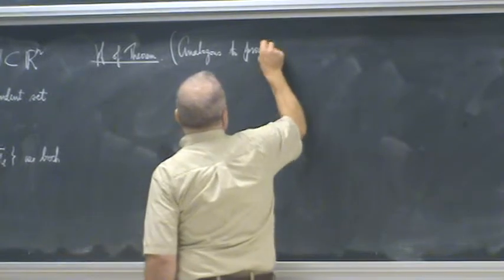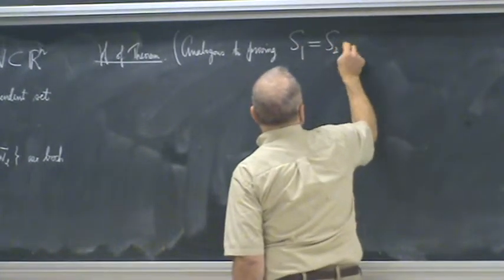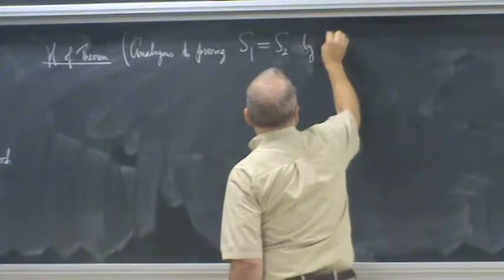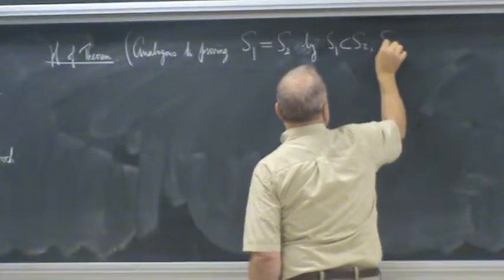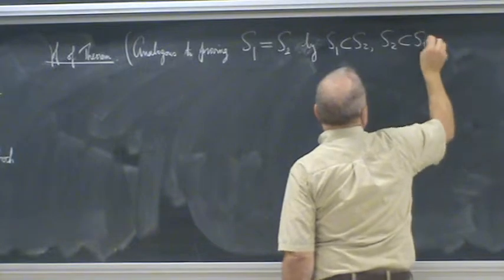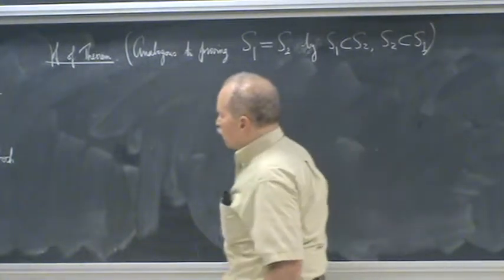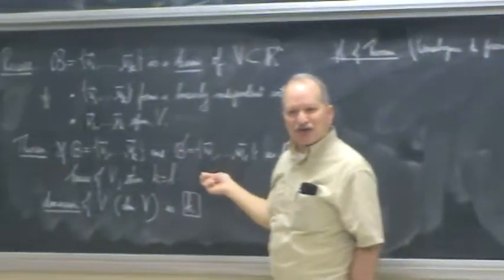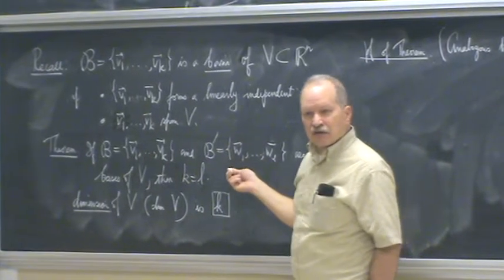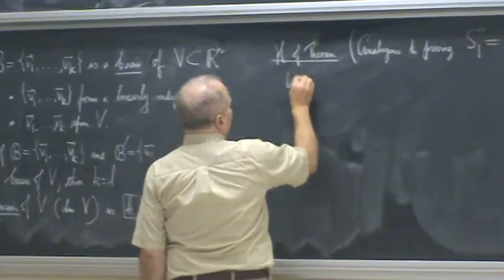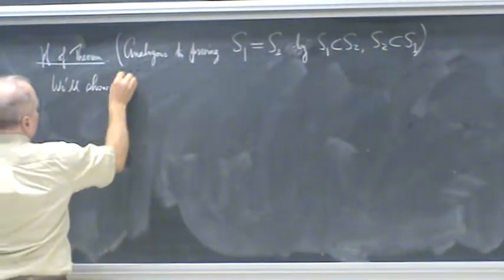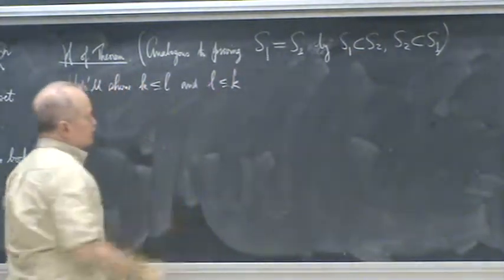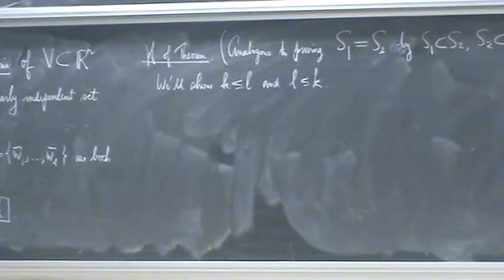So analogous to proving that set 1 equals set 2 by showing each is a subset of the other, what I want to do is show you that K has to be less than or equal to L, and L has to be less than or equal to K. Okay?